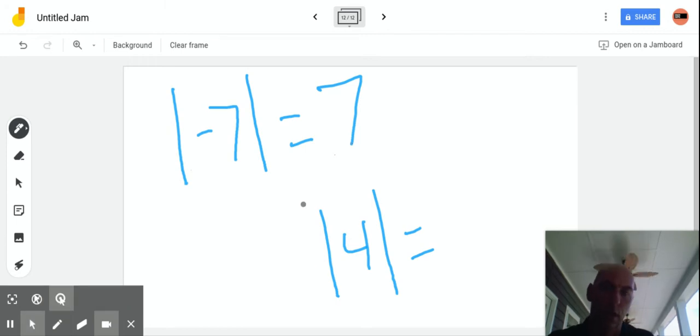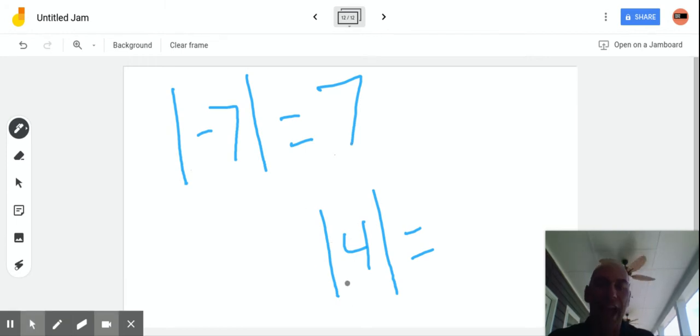The next one, what's the absolute value of 4? How far from 0 is 4? It's 4. You notice both answers are positive.